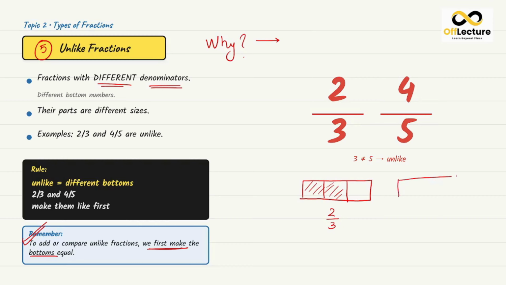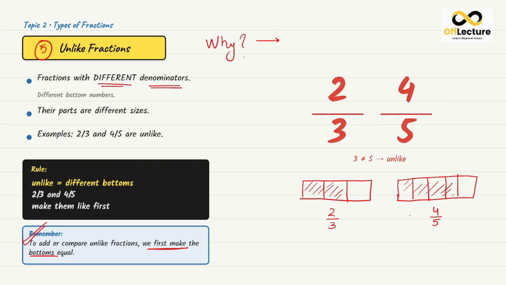Again, we have a chocolate bar, but now with five equal parts, and four sections are shaded.